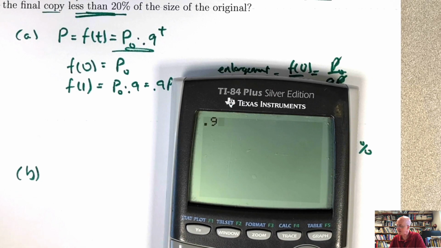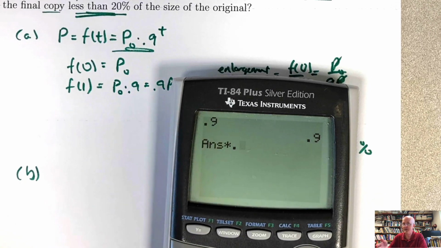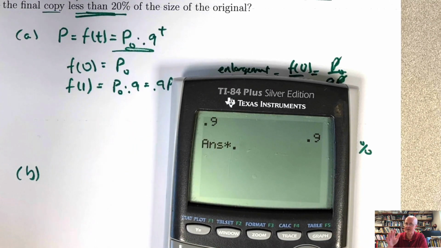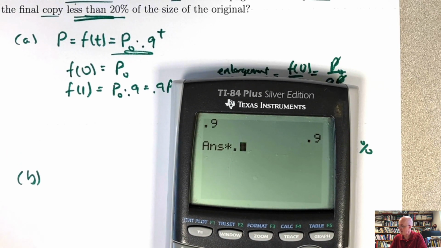So the first time you make the copy, it's 90% of the original size. And for every unit that t increases, where t here is not time really, it's the number of copies, I need to keep multiplying by 0.9. So the second time it's 81% of the original. The third time it's 72.9% of the original. The fourth it's 65.61% of the original. That's the fourth time.